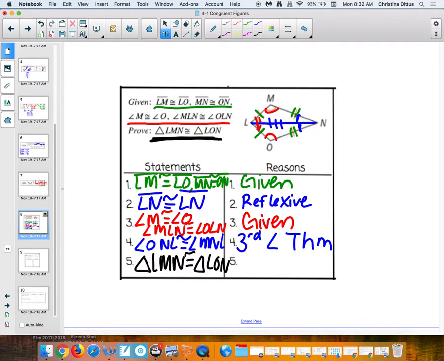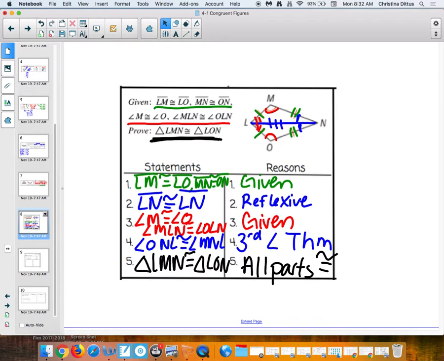Why we know this is because we have matched all three sides. We have matched all three angles. We're going to write all parts congruent. We have matched every single side, every single angle, and we have said that they're congruent. You see how we have blanks left? So now homework done.